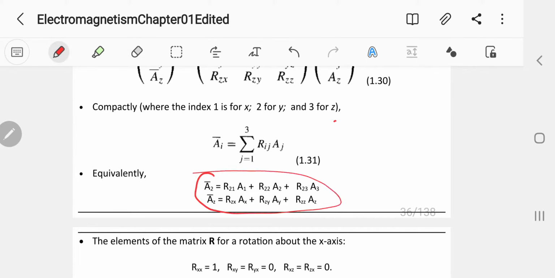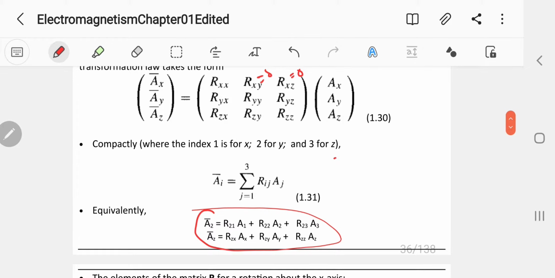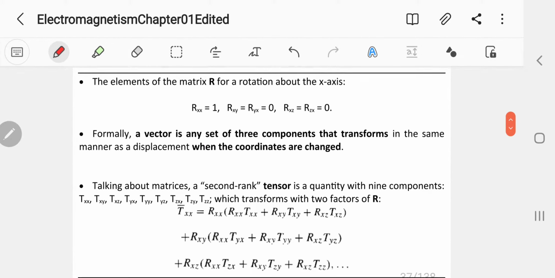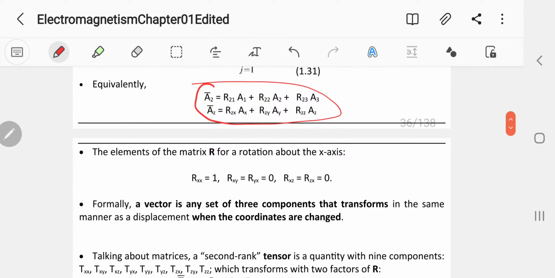So in this case, you have this one. The 1 here represents the x, the 2 represents the y, and the 3 represents the z. So if you look at that, your r_xx is equal to 1, as I said earlier, and r_xy is equal to 0, and r_xz is equal to 0 as well.